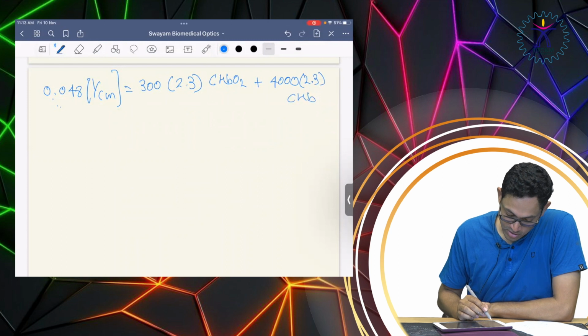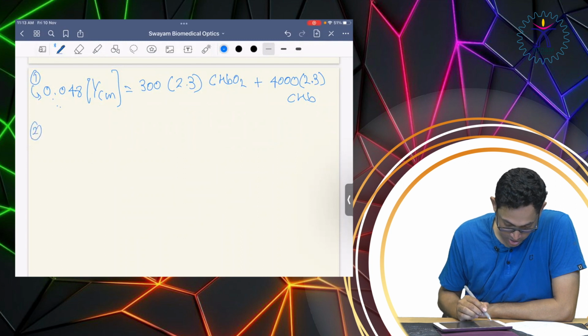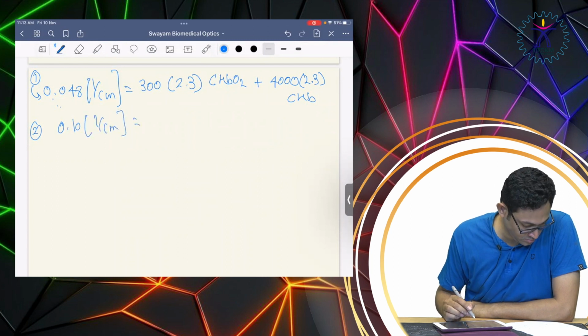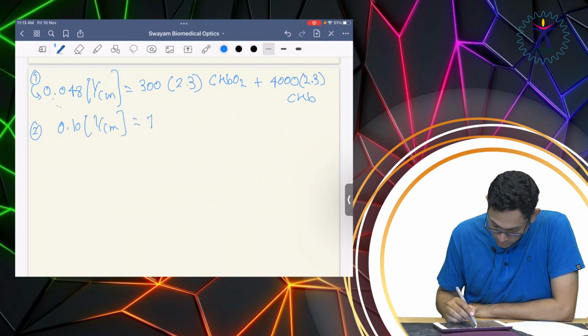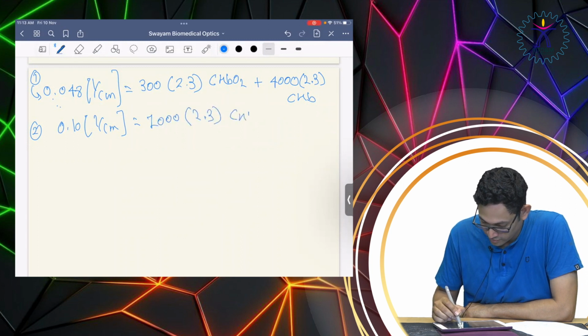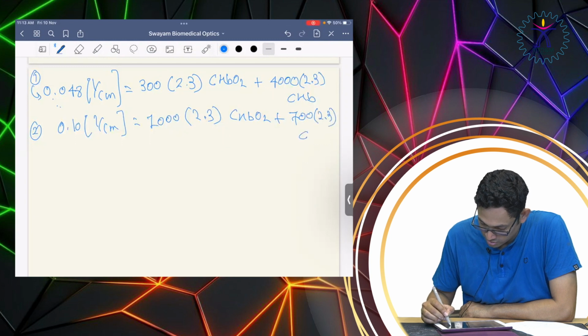Similarly, this is my first equation and this is my second equation. The second equation is 0.10 centimeter inverse equal to 1000 into 2.3 concentration of HbO2 plus 700 into 2.3 into concentration of Hb.